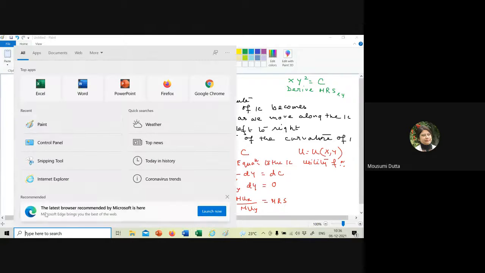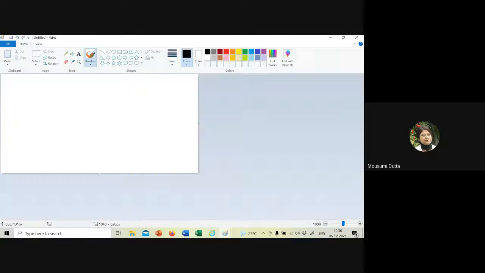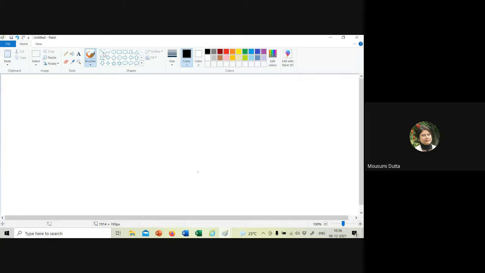Okay, then draw an indifference curve. Along this axis, I am measuring xi.